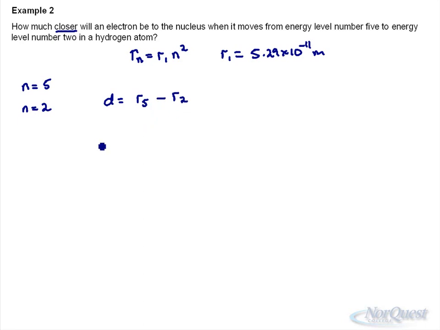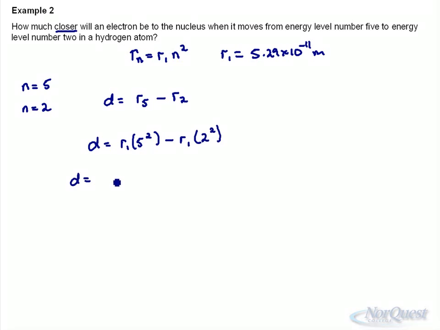So the formula will then be equal to R1 times 5 squared minus R1 times 2 squared. We can put the value for R1 in, even factor it out if you want. You could simplify this many different ways, but again, I haven't been dealing with a lot of factoring and a lot of the math concepts.